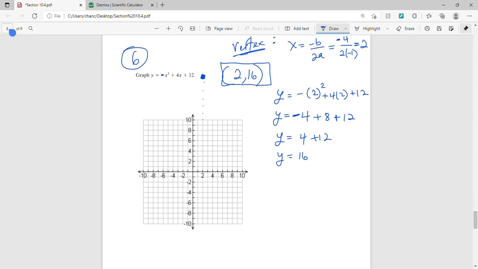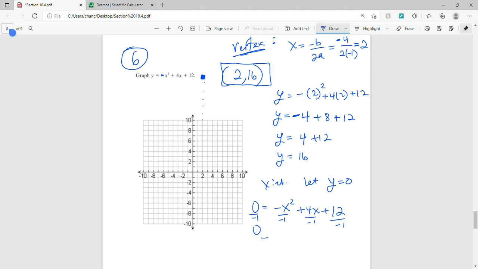What's next? The x-intercept. Let's let y be equal to 0. And so we have 0 equals a negative x squared plus a 4x plus a 12. And I don't like that negative in the front, so what you could do is divide everything by negative 1.